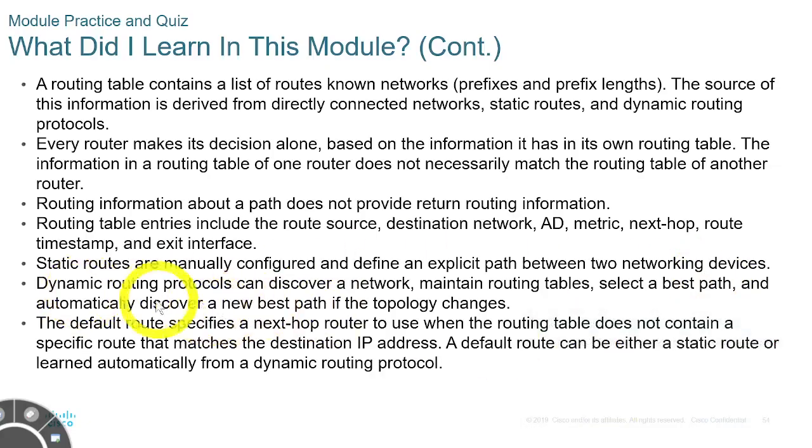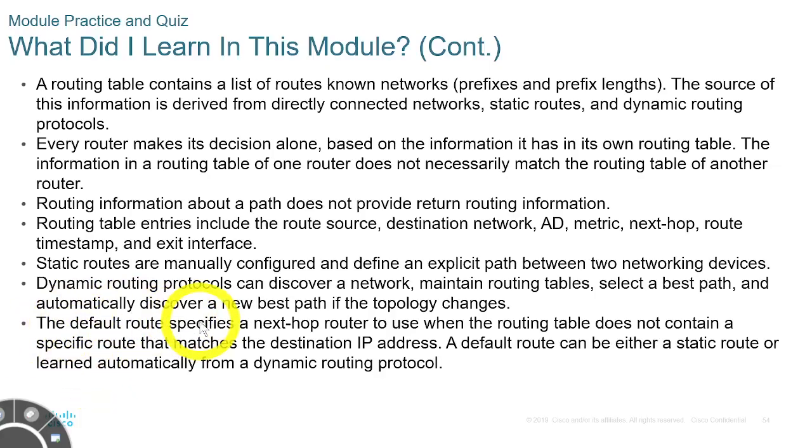Dynamic routing protocols help us to discover the network, maintain routing tables, select the best path, and automatically discover a new best path if the topology changes. And this information should be maintained within the routing tables.